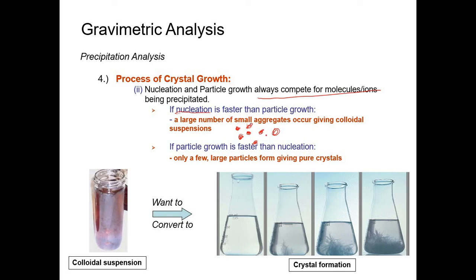Nucleation is faster, so it is favored. But if particle growth is faster than nucleation, then you will have few, large particles, which will give you crystals. You first nucleate, but since particle growth is fast, it just adds to the single nucleus that formed. So you have large crystals, compared to fast nucleation, where you have many but small particles.